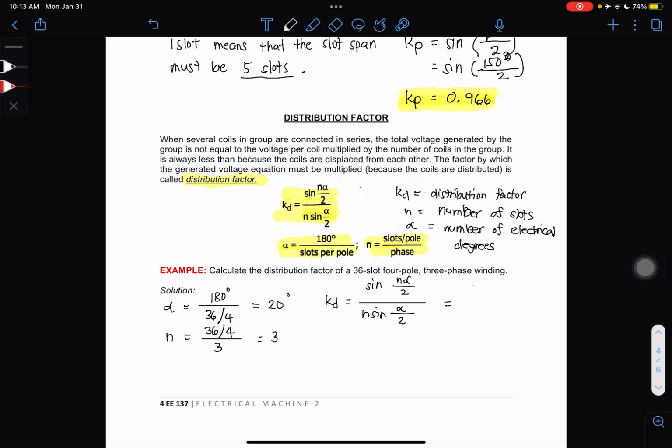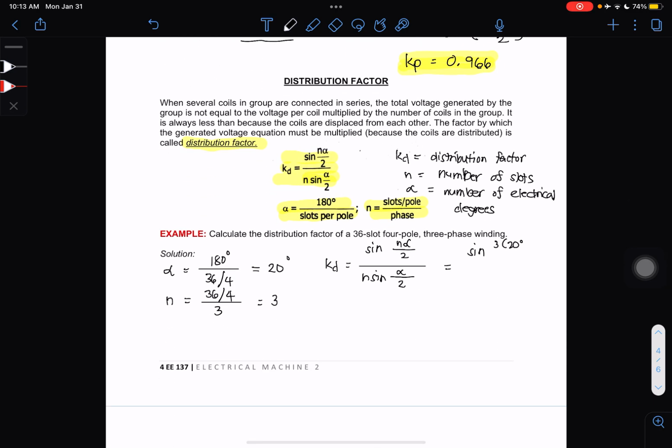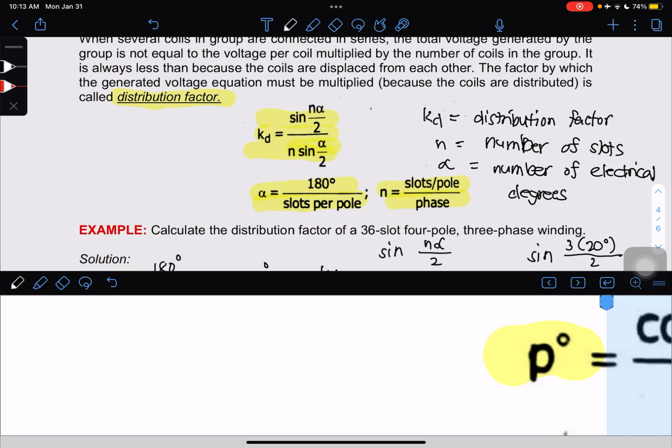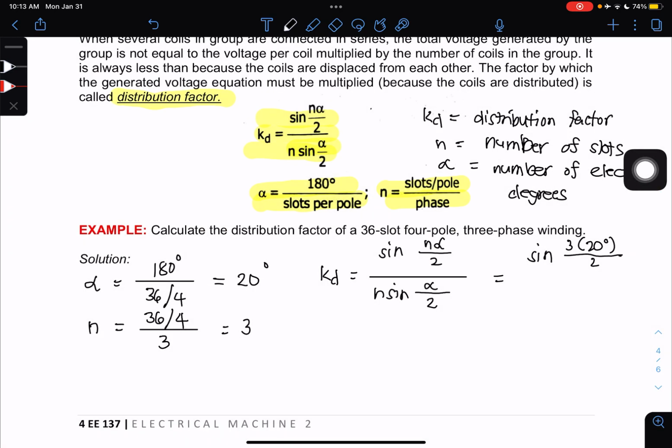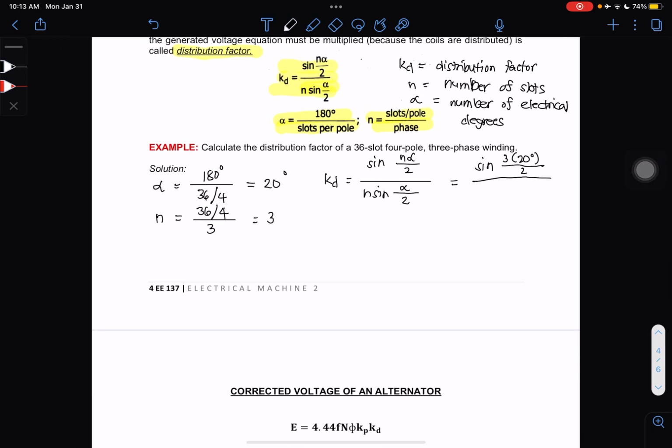So we have sine of 3 times 20 degrees divided by 2, divided by 3 sine of 20 degrees over 2.